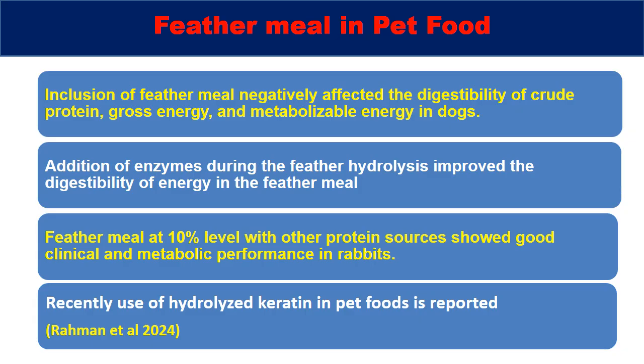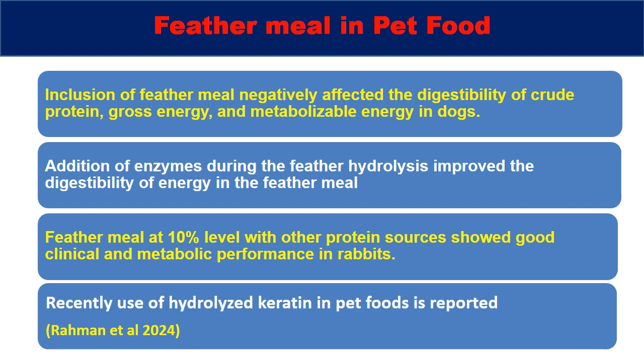Here I will briefly talk about the use of feather meal in pet food. In general, if we include the feather meal, it may negatively affect the digestibility of crude protein, gross energy and metabolizable energy. That's the normal feather meal as I mentioned earlier. But if we hydrolyze it with enzymes, it improves the digestibility of energy in the feather meal.